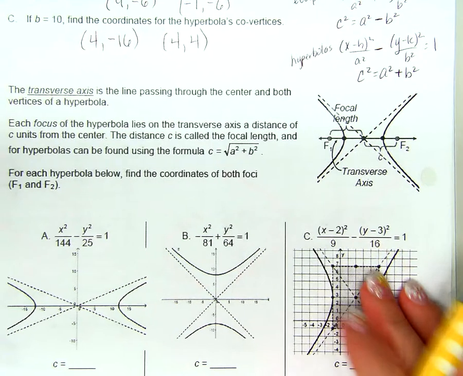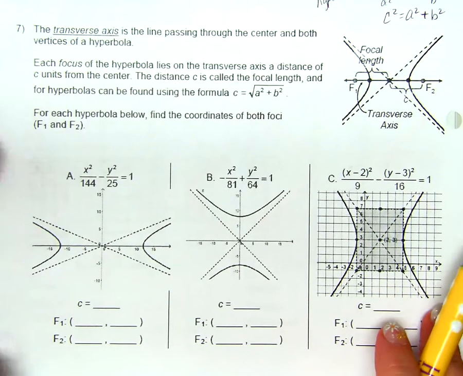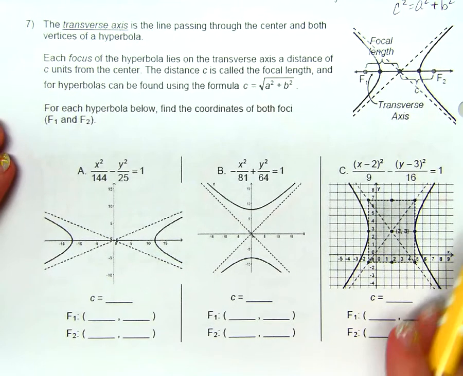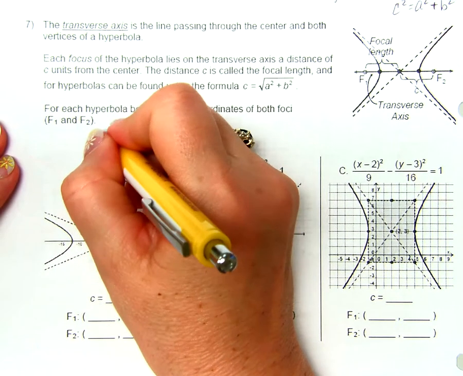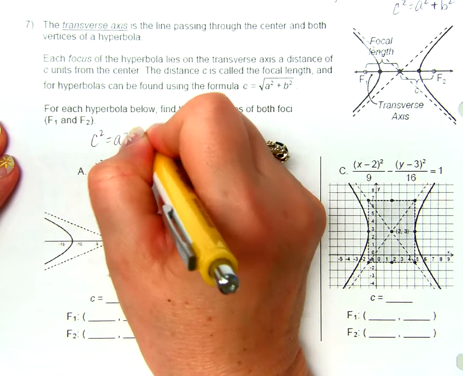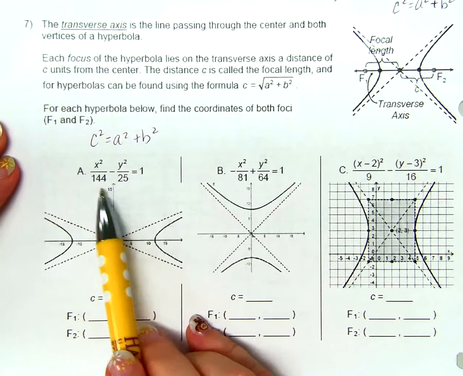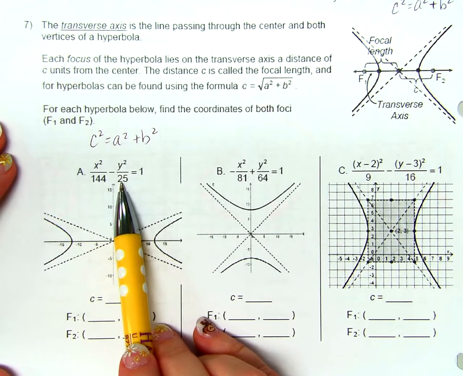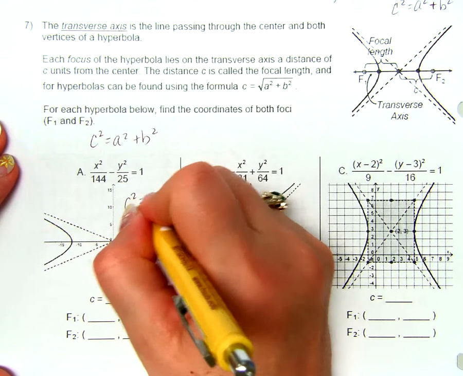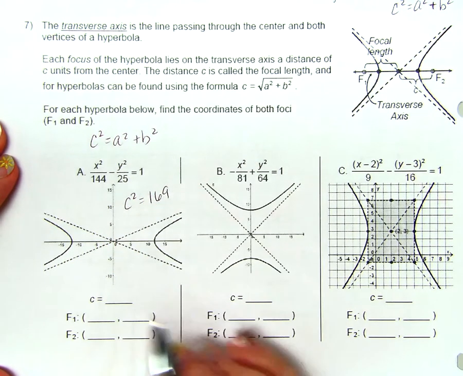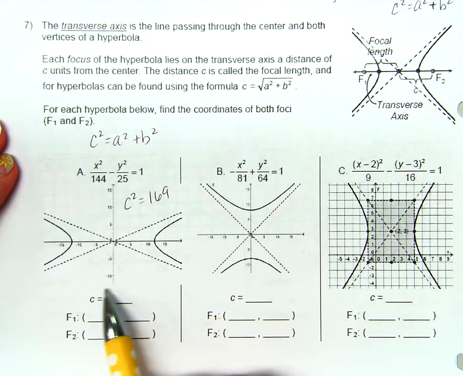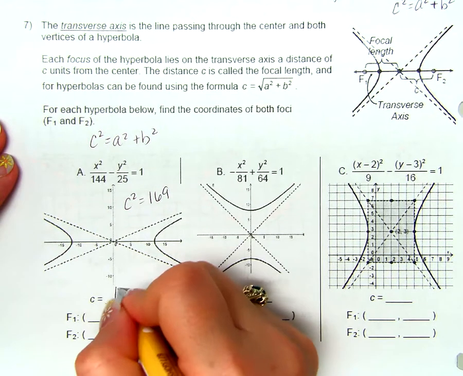Okay, so let's look at these three problems right down here. c squared equals a squared plus b squared. What is a squared plus b squared? 169, right? So what would that make c? 13.